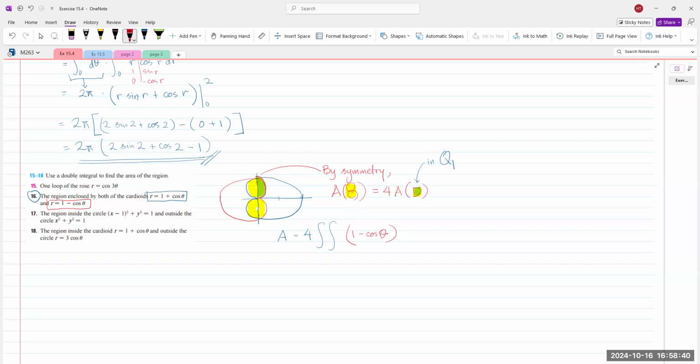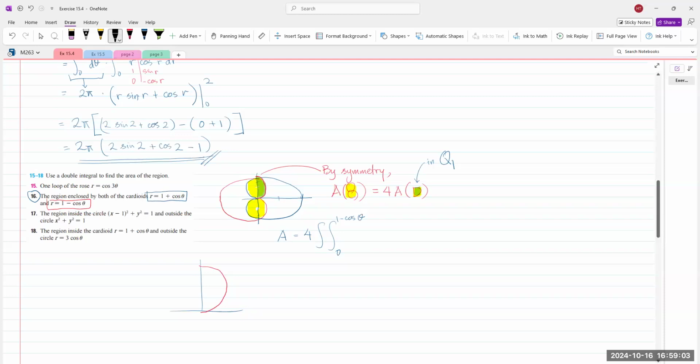That's from 0 to 1 minus cosine theta. Okay, that's the radius, right? Let me enlarge that a little bit. So what we see there is this.